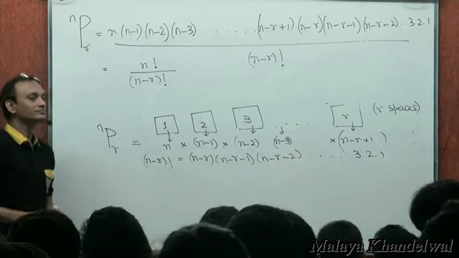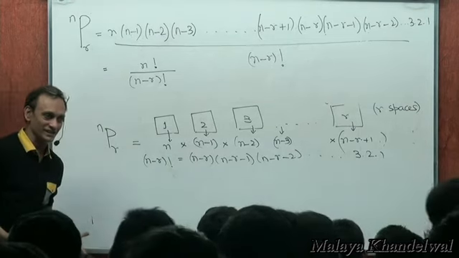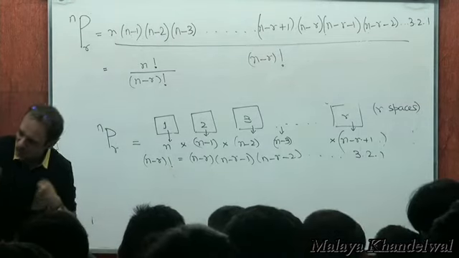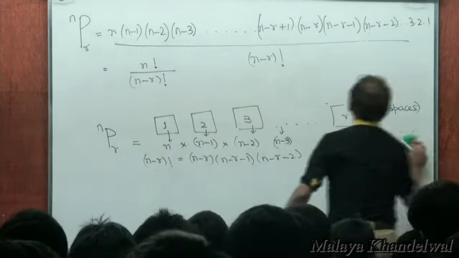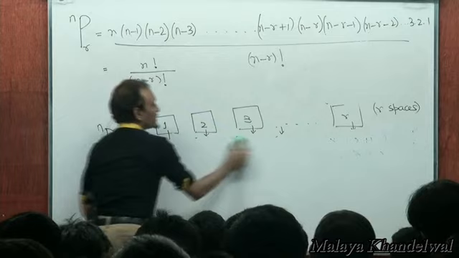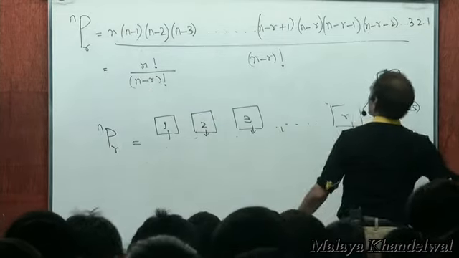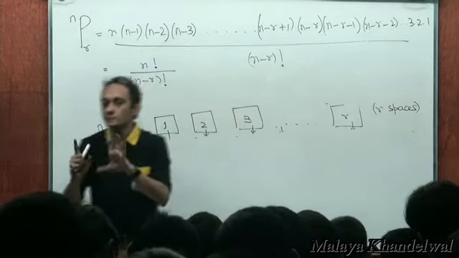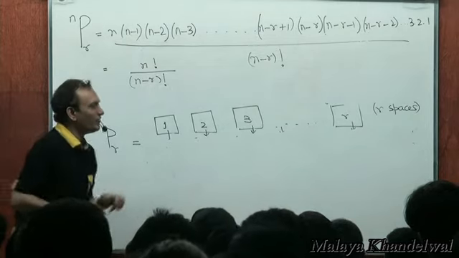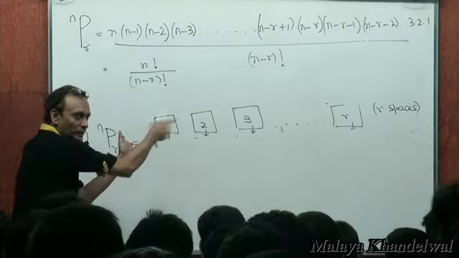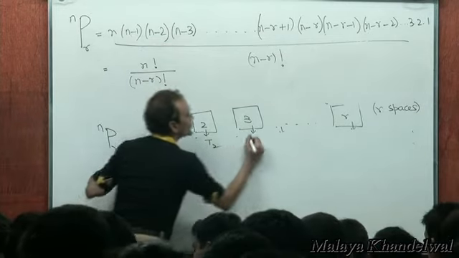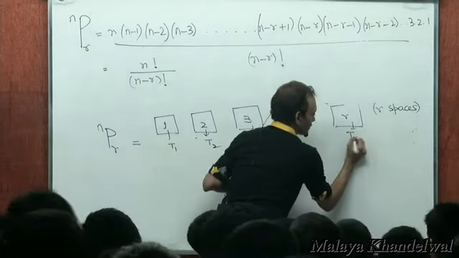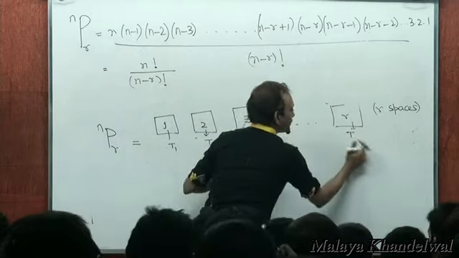Now, order is built into it, obviously. Filling up spaces means there is order, right? Now, look, for example, out of these n things, say, one way in which r could be used to fill up these spaces is, say, T1, T2, T3, Tr, right?